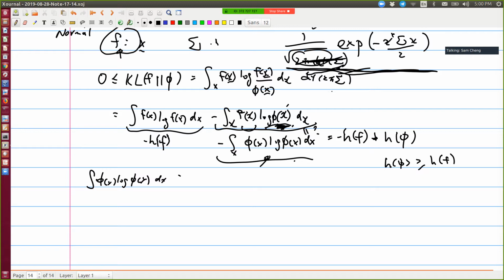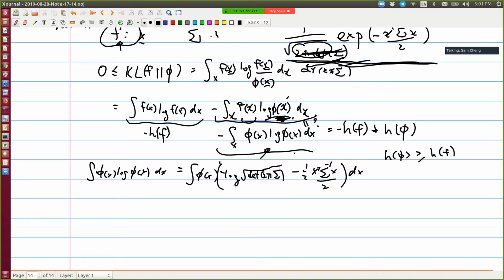So this will be equal to phi x times the log of the PDF, which will be minus log determinant 2 pi sigma, and the log of this term will be minus 1/2 x transpose sigma inverse x, something like that. Okay, that should be an inverse here. Yeah, that's right.